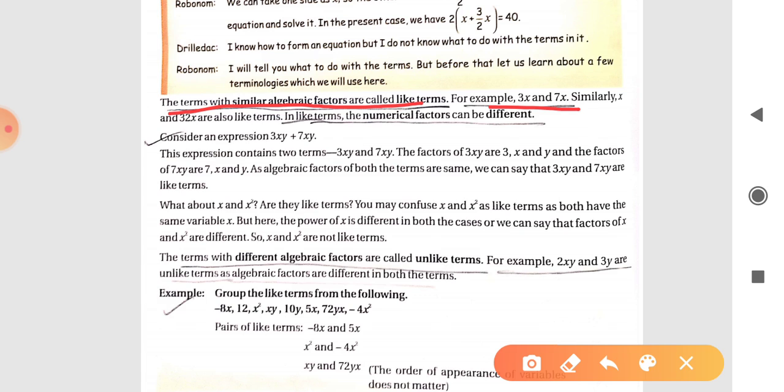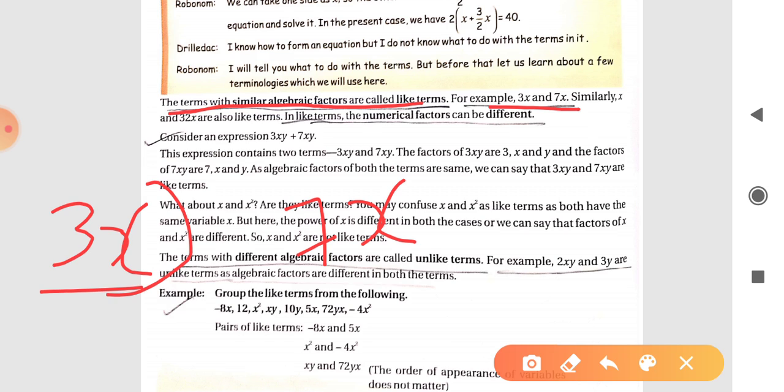There are two terms, 3x and 7x. In 3x, the algebraic factor is x, and in 7x, the algebraic factor is x. Both are the same, so these terms are like terms.